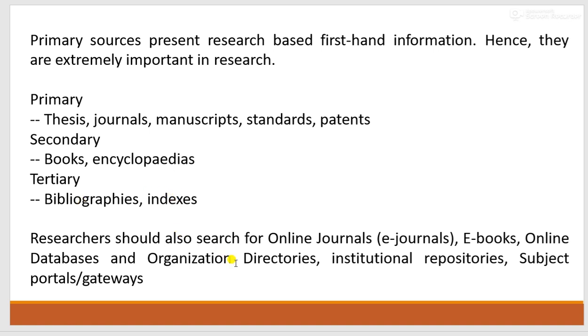The researcher should also search online journals such as e-journals, e-books, and online databases. Databases include Springer, Blackwell, and Science Direct, and organization directories, institutional repositories, subject portals, and gateways.